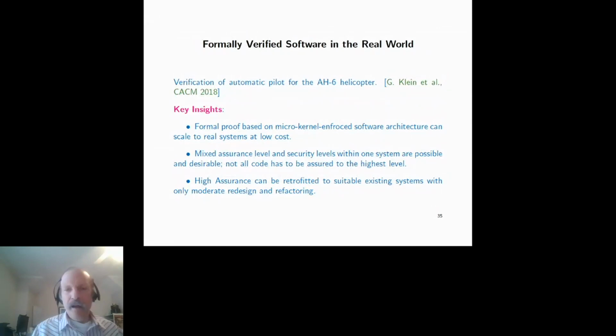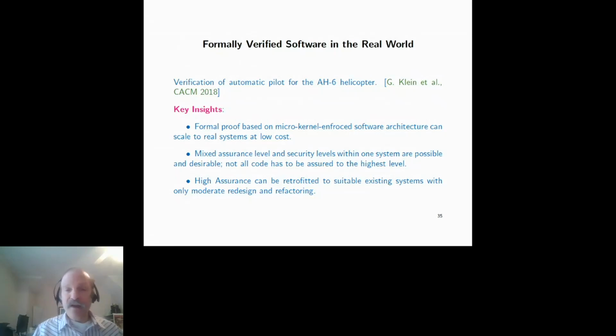A few years later, in 2018, the group of people went from formally verifying a microkernel to taking an application, an automatic pilot that runs over a microkernel. Now they can assume the correctness of the microkernel, and they verified the actual code of the automatic pilot.